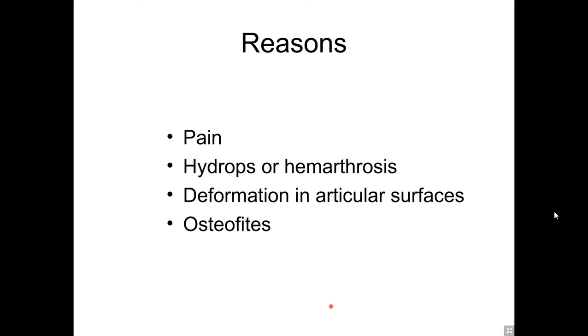Osteophytes also produce contracture, especially osteophytes in the posterior aspects of the femoral condyles. Those osteophytes we usually excise at the time of arthroplasty, and in this way we will increase the flexion of the knee after the operation.